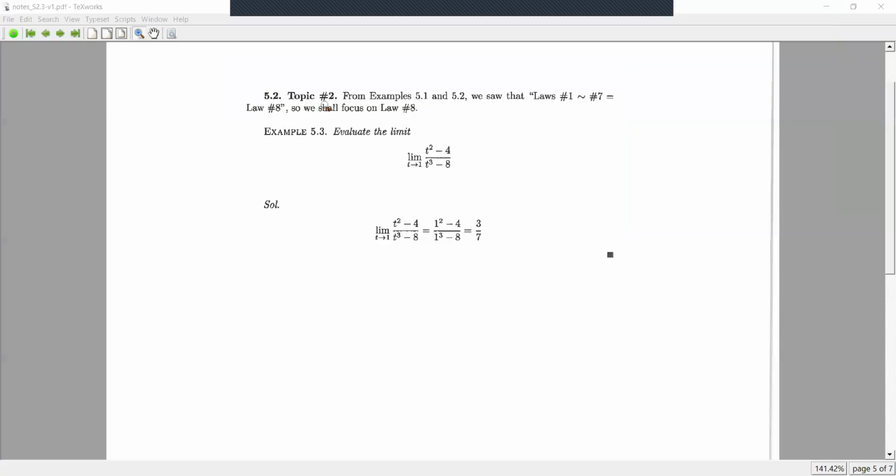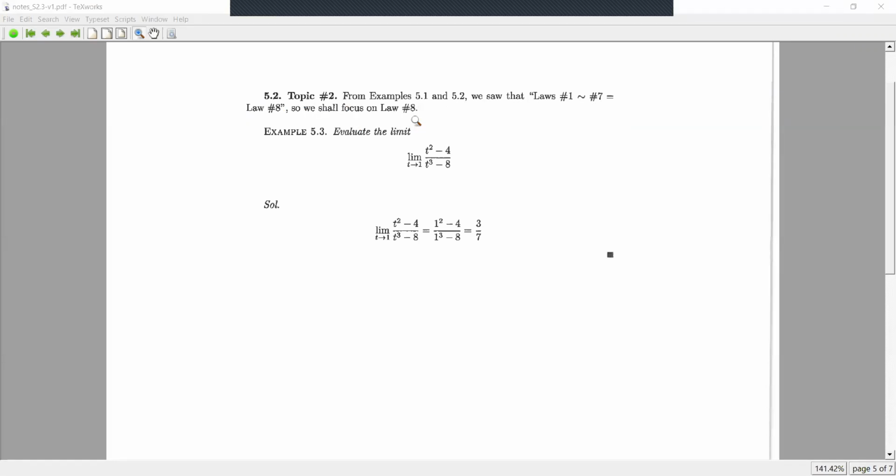Topic number 2, more examples about direct substitution. From the last 2 examples, we saw that laws number 1 to number 7 are the same as law number 8 in computation. So from now on, we shall only focus on law number 8.